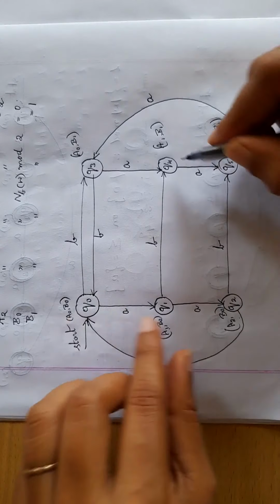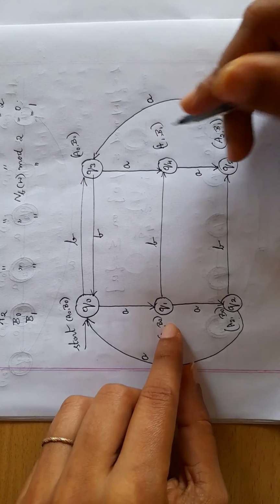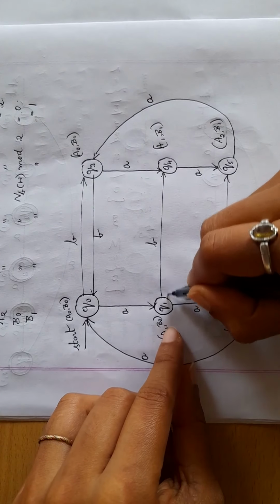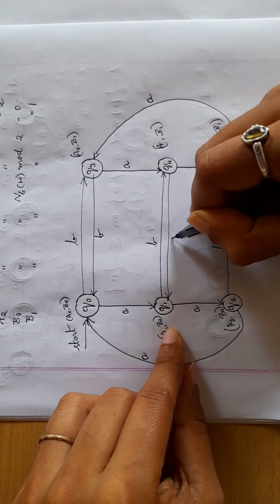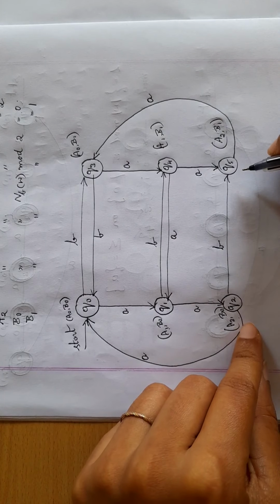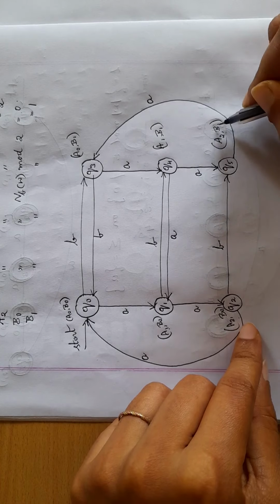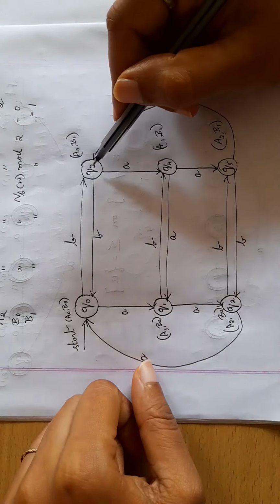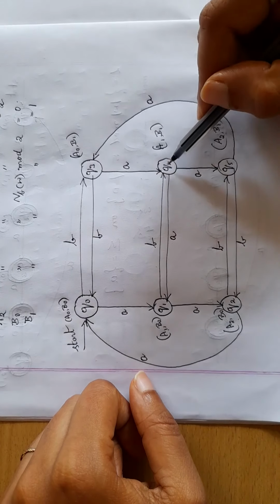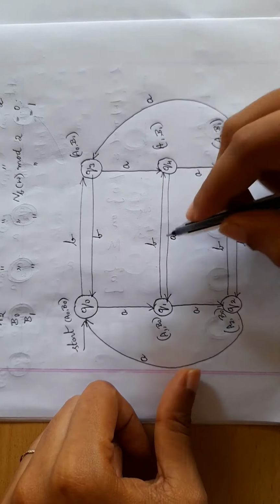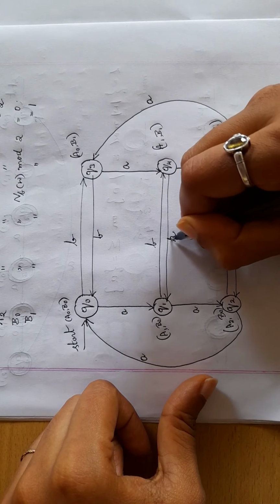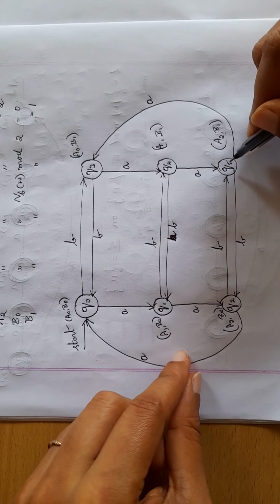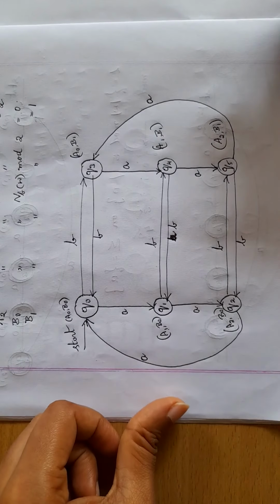From Q4, if I read a B, from B1 it goes back to B0. Similarly here it is A1. From Q5, if I read a B, B1 goes back to B0. So from Q3, Q4, and Q5, A and B are done.